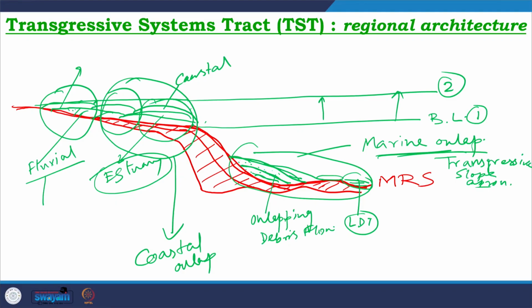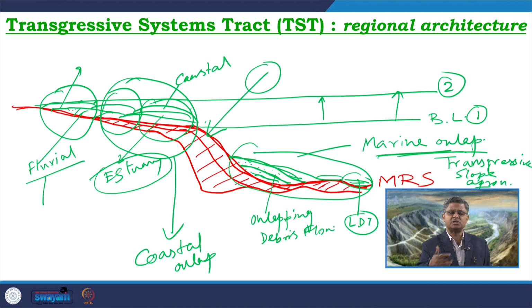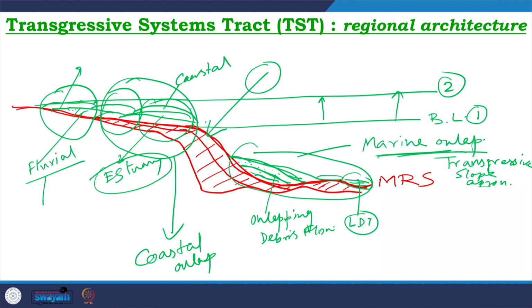These two areas are separated by an area which is commonly an area of non-deposition, forming in this shelf edge area in this part. This is an area where no sedimentation is going on. This onlapping pattern is not affecting this particular zone. So, we do not get any onlapping retrogradational TST deposit in this area. This is a no depositional zone in between these two wedges.